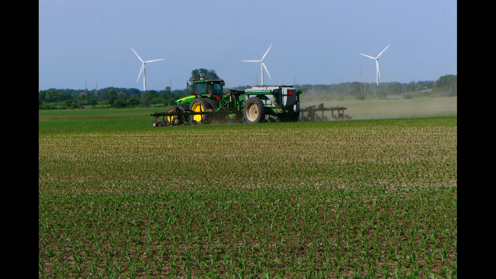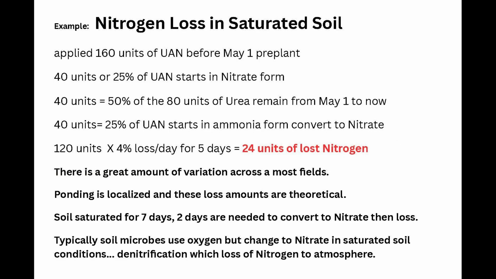As you try to make up for the lost N, side dressing is probably going to become the best option. I just put together here an example saying that 160 units of UAN was applied pre-plant before May 1st, and then remember UAN is really made up of the three forms of nitrogen source.